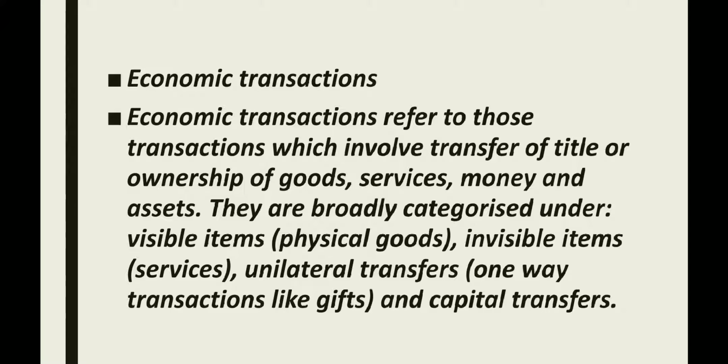Unilateral transfers include gifts, personal remittances, and other one-way transactions. Capital transfers. Capital transfers relate to capital receipts through borrowings or sale of assets and capital payments through capital repayment or purchase of assets.